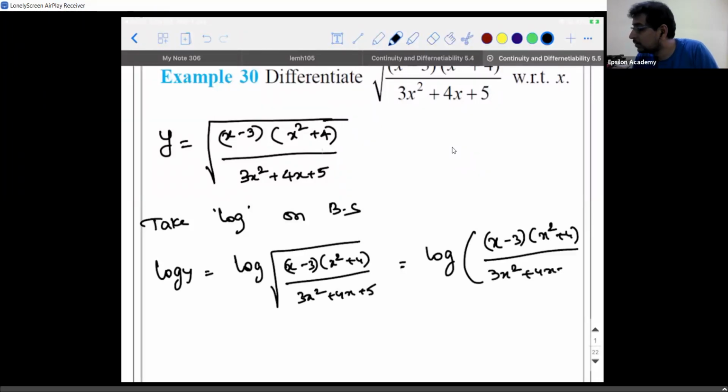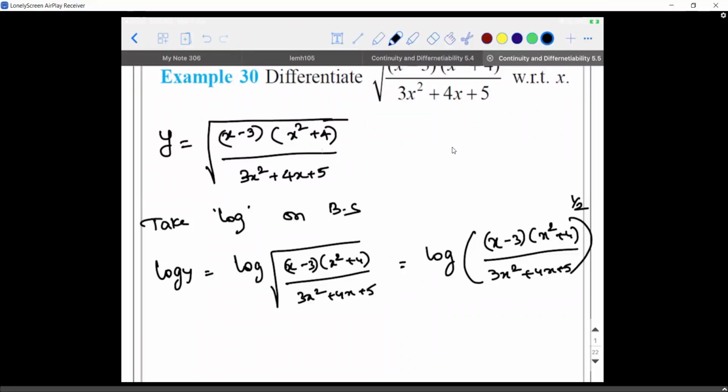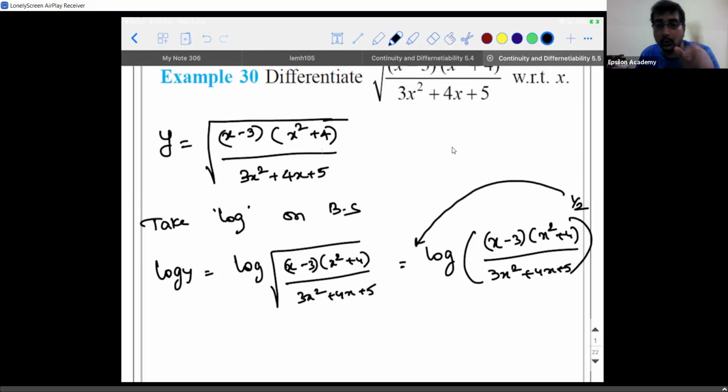Can I write it as the whole power half? Yes, sir. In order to avoid one more step, I'm bringing the half this side. So I will write the whole thing as half into this.